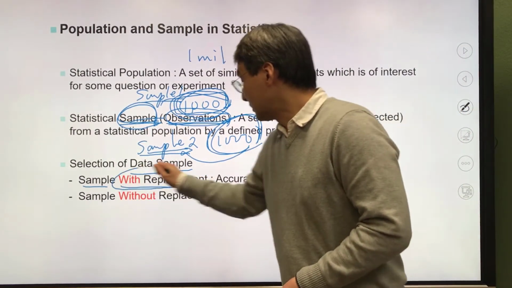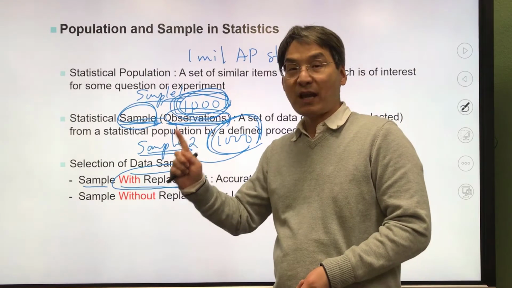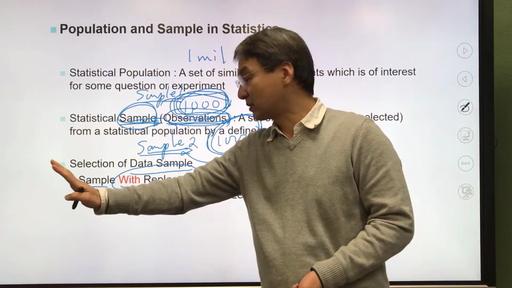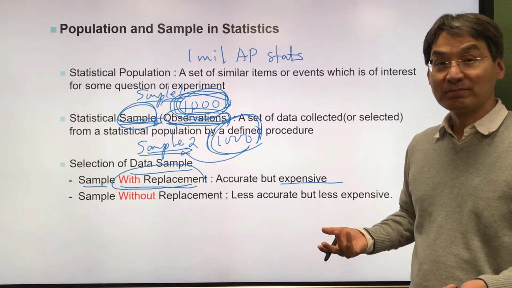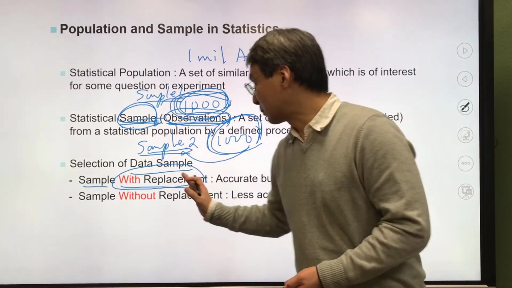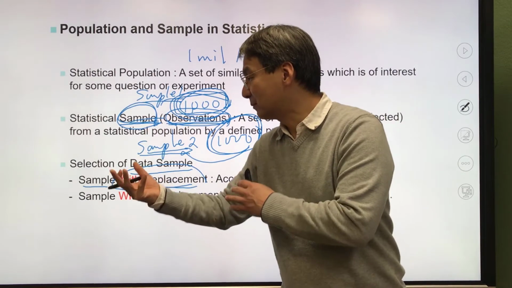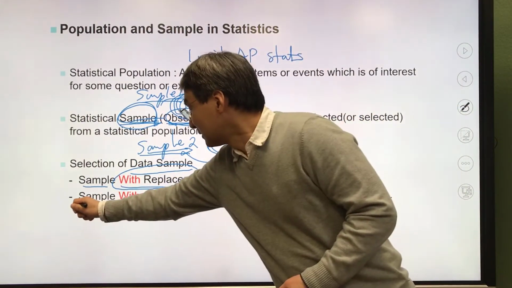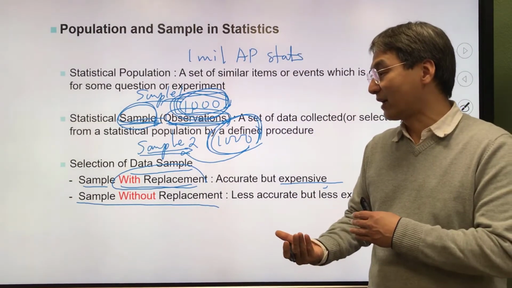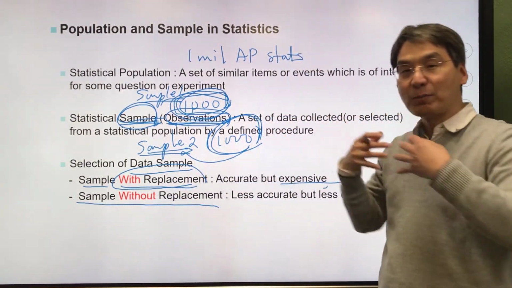However, since we check one observation every time and bring it back to the population, it takes a lot of time and money. So sampling with replacement has simple mathematics, however it takes time and money.